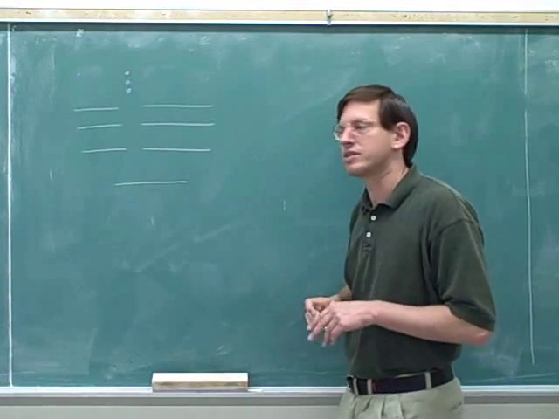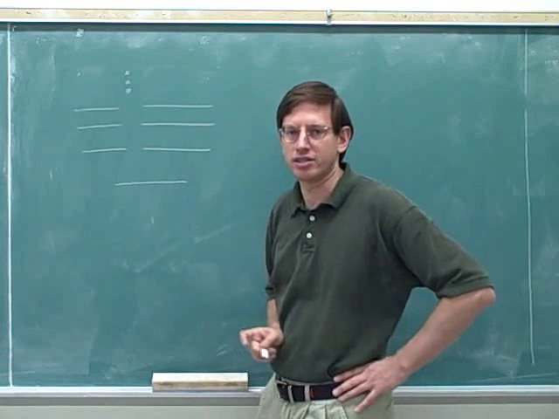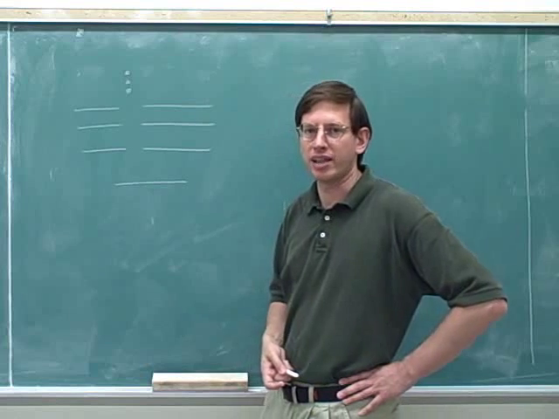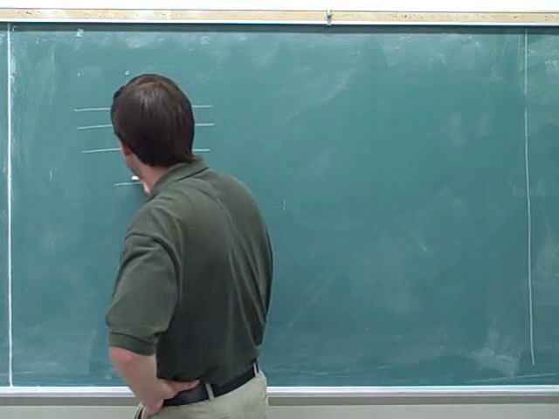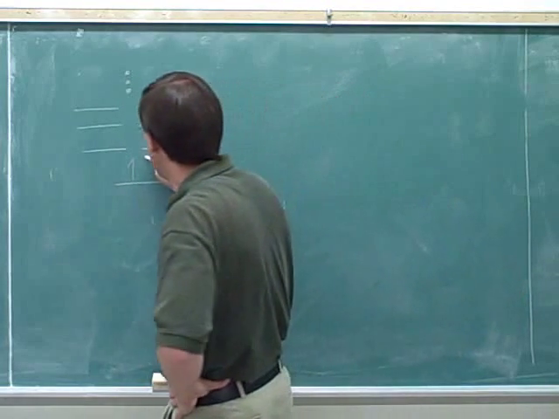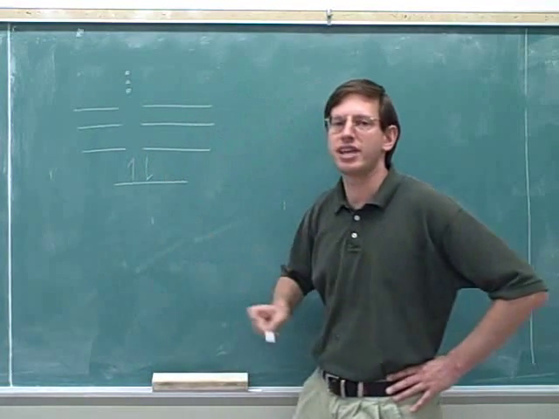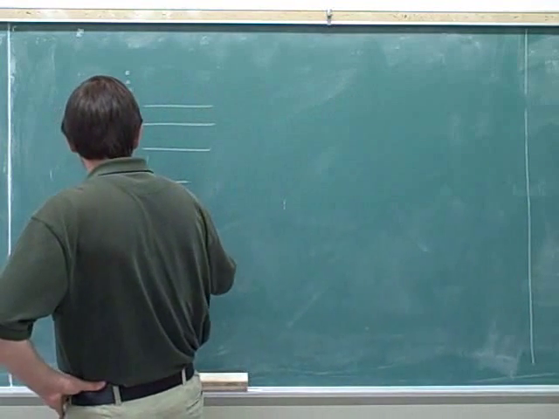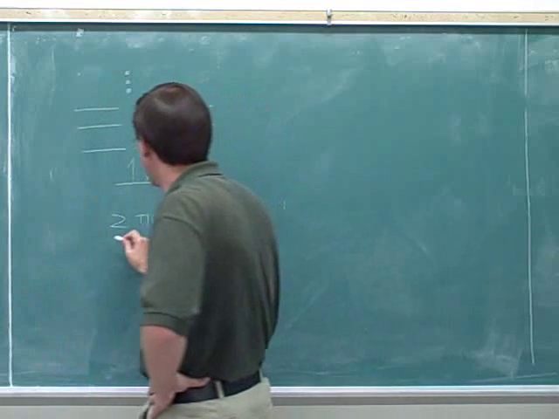Now let's see what happens as we start adding pi electrons to the energy levels. Where would we put the first two pi electrons? Well, here we put the first pi electron, and then we would put the second pi electron in that same low orbital. So this is what we would do if we have two pi electrons.